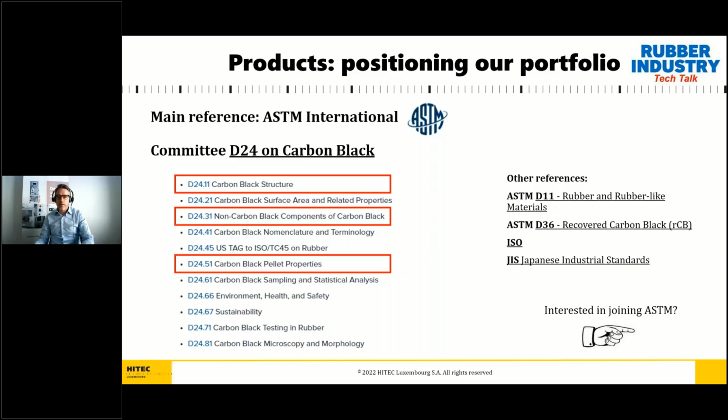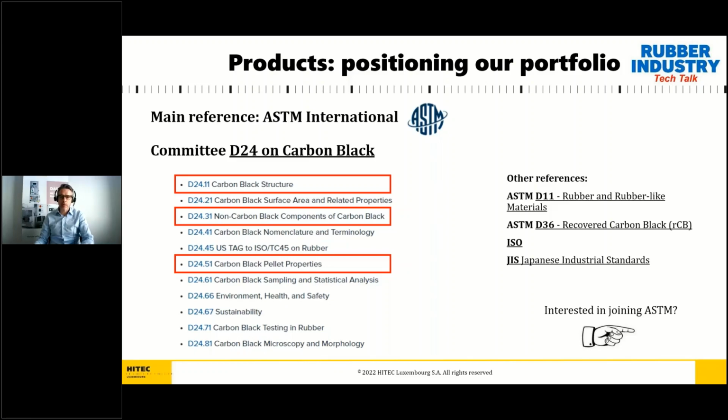We can also find other references that are interesting or related to our equipment within the ASTM D11 committee on rubber, that you will all know very well, and the D36 committee on recovered carbon black. This last one is a relatively young committee created to support the growing recovered carbon black industry.